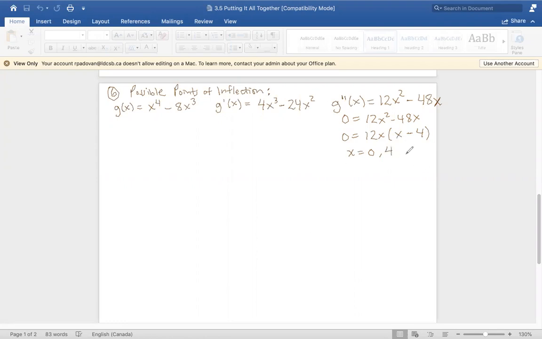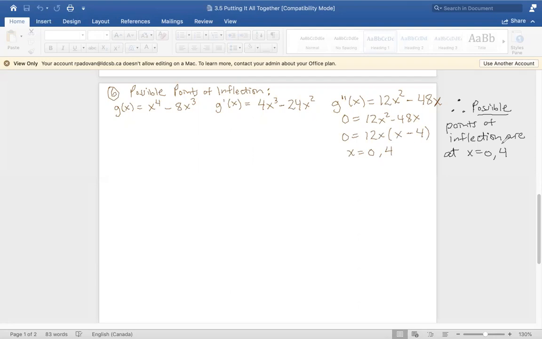So just to say what information this is giving us, they're still possible. We haven't done a chart yet, so we still don't know for sure. But these are possible points of inflection at x equals 0 and 4.